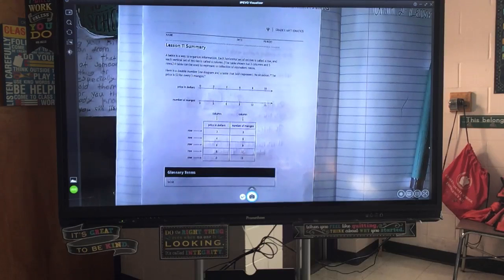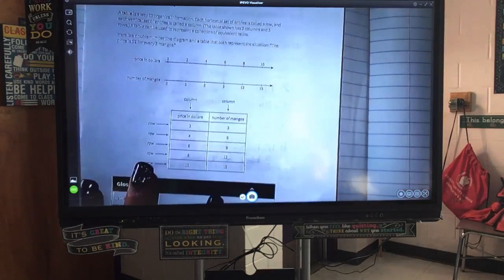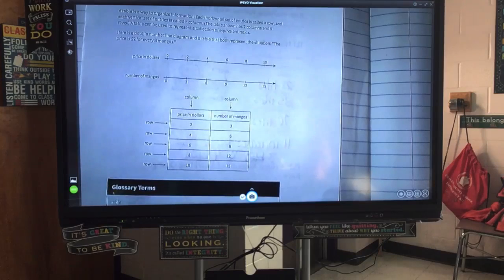Zoe, what does the summary show us? Shows us what? Guys, what is on the summary page? Like, I'm not asking for rocket science. What is on the summary page right here? Emily?